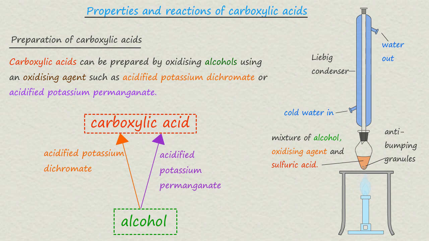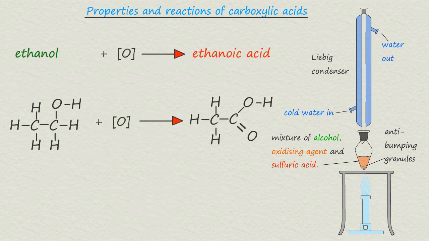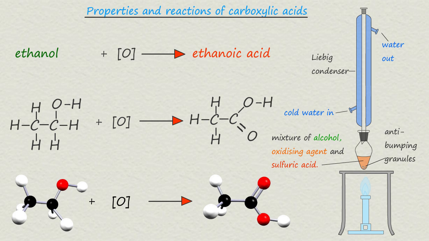Here, the reaction mixture of oxidizing agent, alcohol and sulfuric acid are placed in a pear-shaped flask and heated for around 20 minutes. Now the equations shown on screen show the oxidation of the alcohol ethanol to the carboxylic acid, ethanoic acid, using an oxidizing agent.